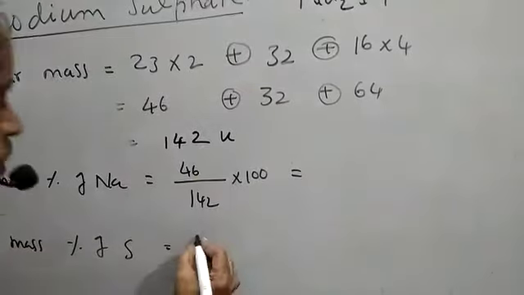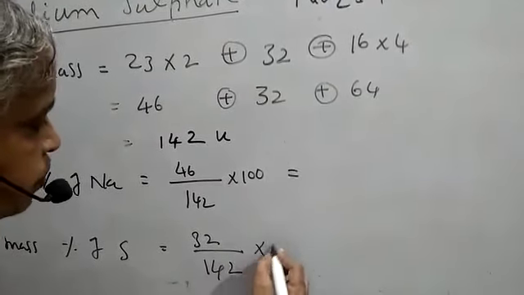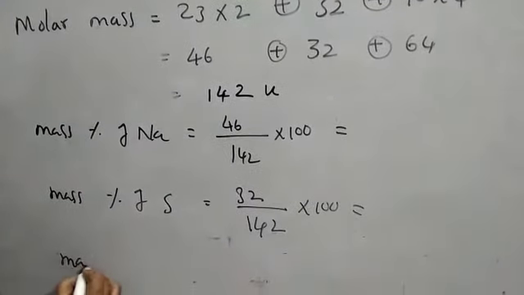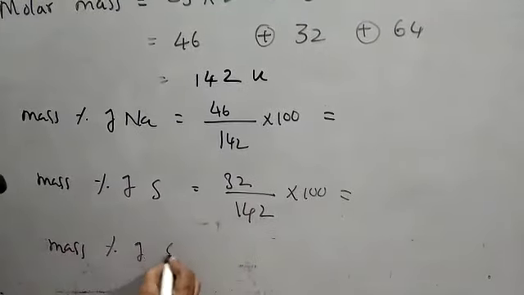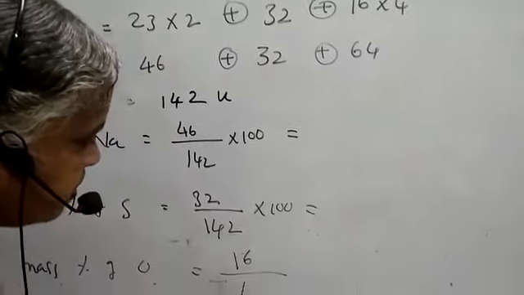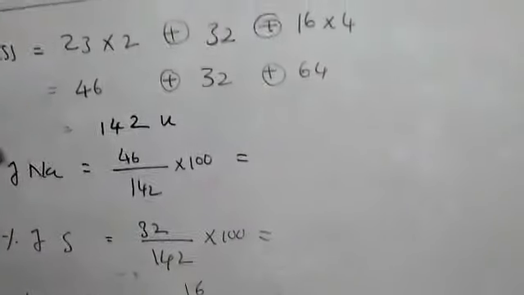Atomic weight of sulfur is 32. Molar mass of sodium sulfate is 142 into 100. Next, the last one is mass percentage of oxygen is equal to, atomic weight of oxygen is 60 divided by 142 into 100.